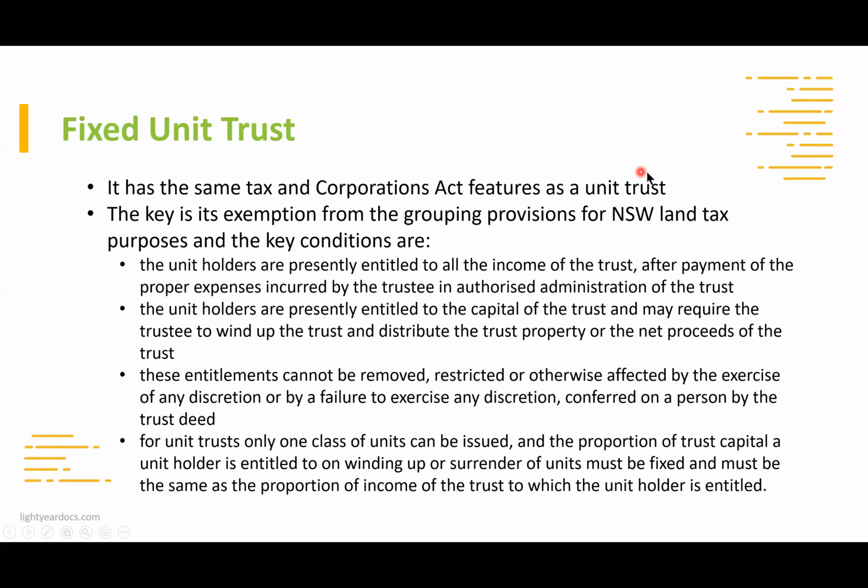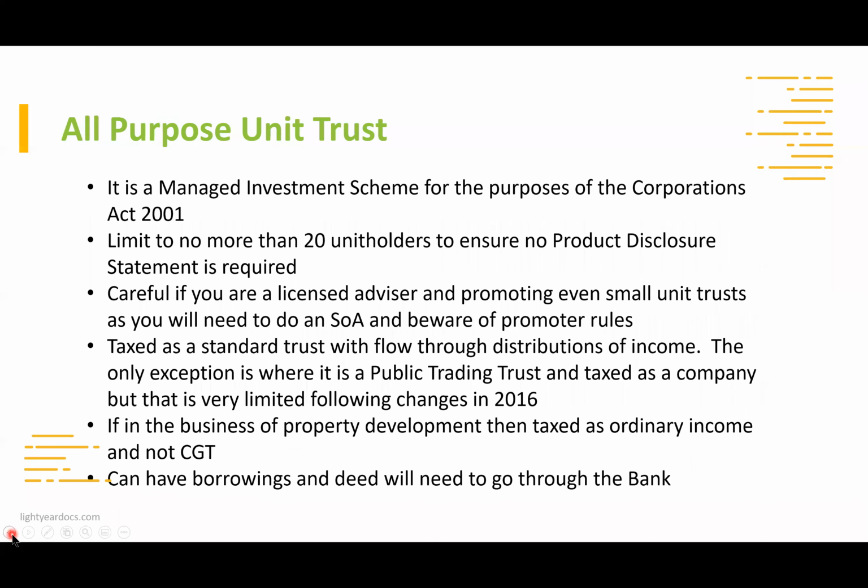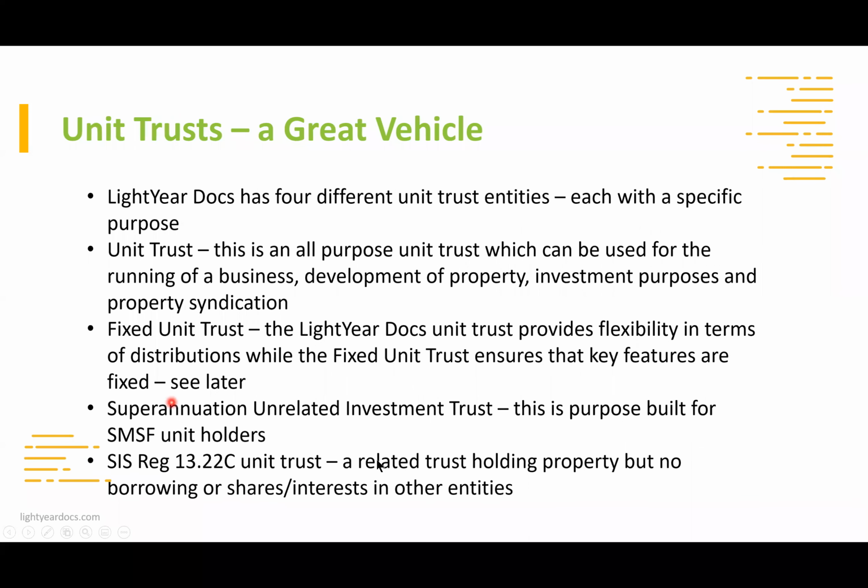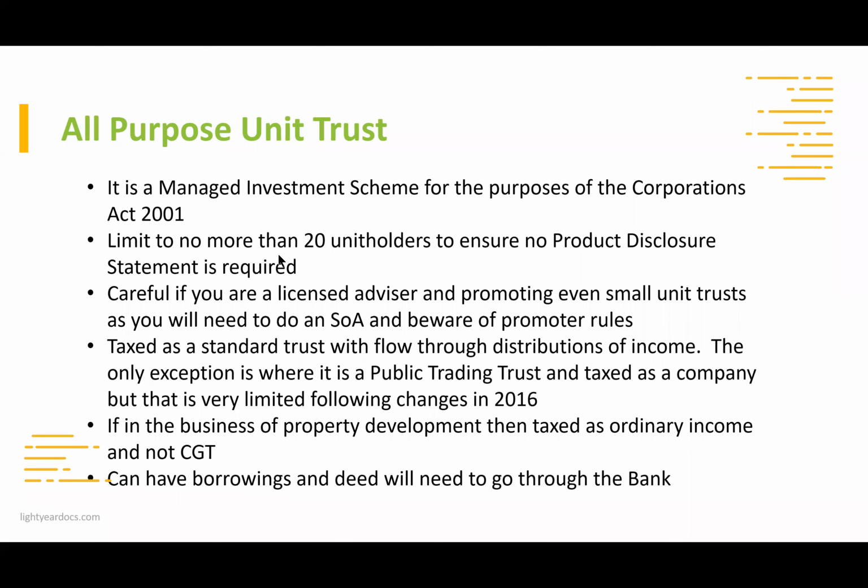So really, look, it's like a lockdown version, a concrete version. If we compare to here, for example, and I go back to the all-purpose unit trust, or alternatively the superannuation unrelated investment trust, when we have a look at these vehicles, we generally may want to have different classes of units.